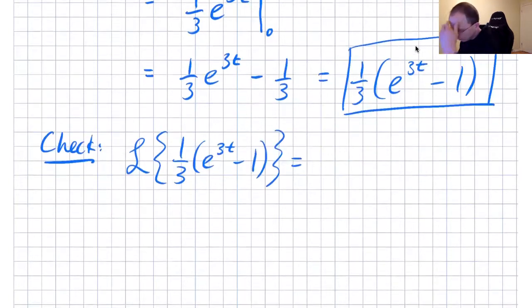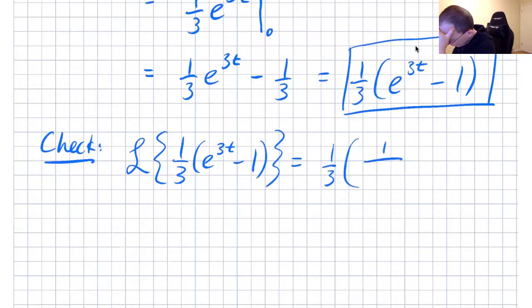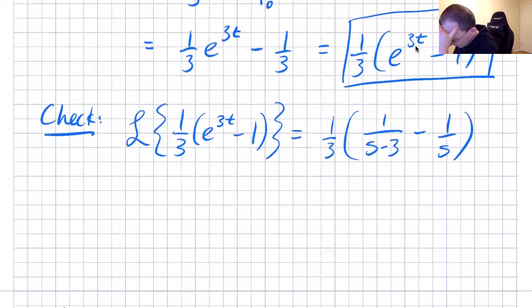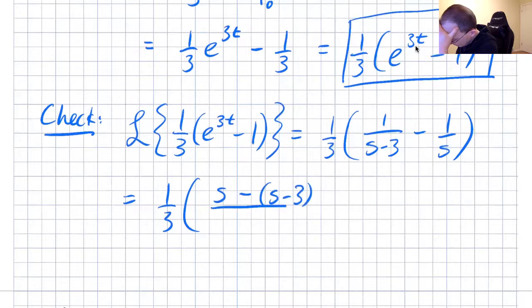This is equal to 1/3 times the Laplace transform of e to the 3t, which is 1 over s minus 3, and then minus 1, which is 1 over s. So let's put those together. So we get s minus s minus 3 over s times s minus 3.